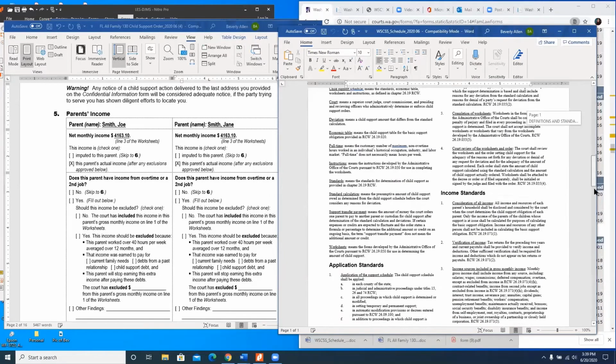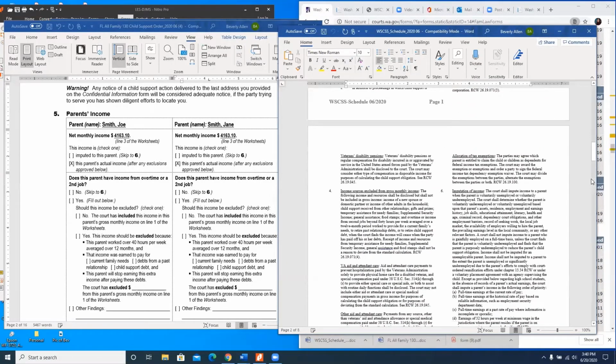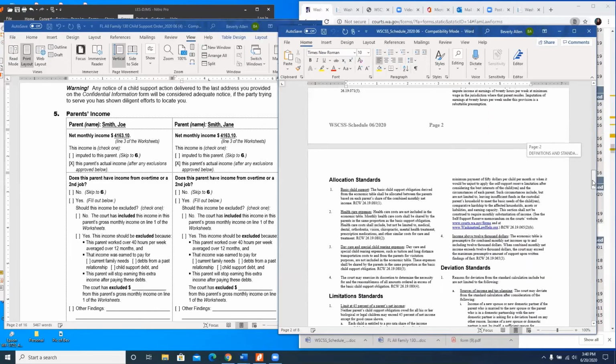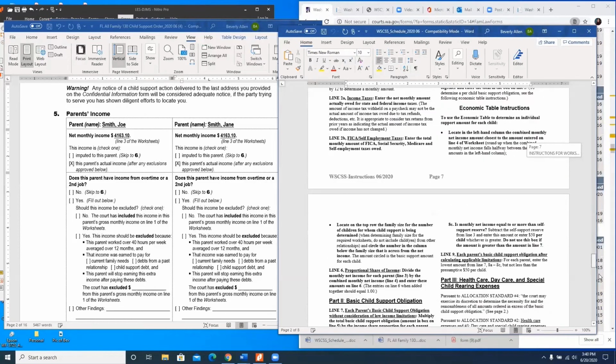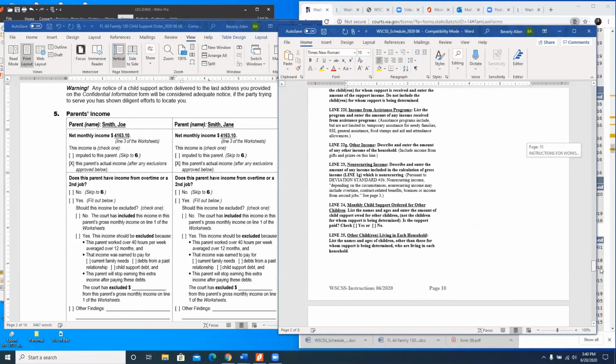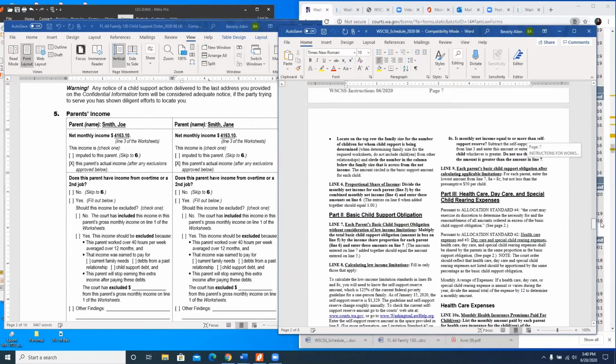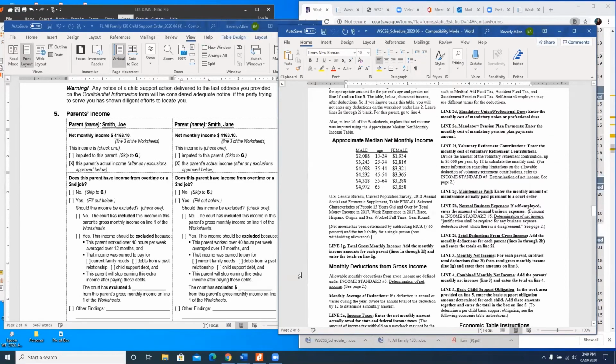So for someone who might have some more education, maybe they have more of a work history, but you still don't know what they make, it might be appropriate to impute them based on the median income. Here we go. This is based on Washington State, and it's broken down by gender and age range. So in the case of Jane Smith, we said she was a 30-year-old female, so her median income, if we had to impute her, would be $28.16. But for this example, we have the pay stub, so we don't need to do that.